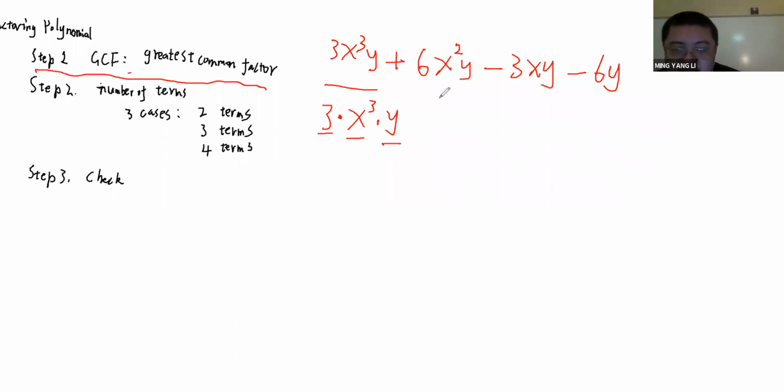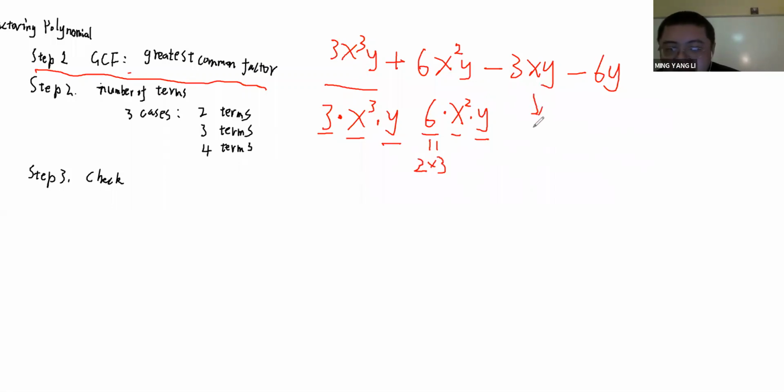The second one is 6 times x squared times y, also 3 parts. The number part is 6, but 6 can be written as 2 times 3, and then x squared times y.